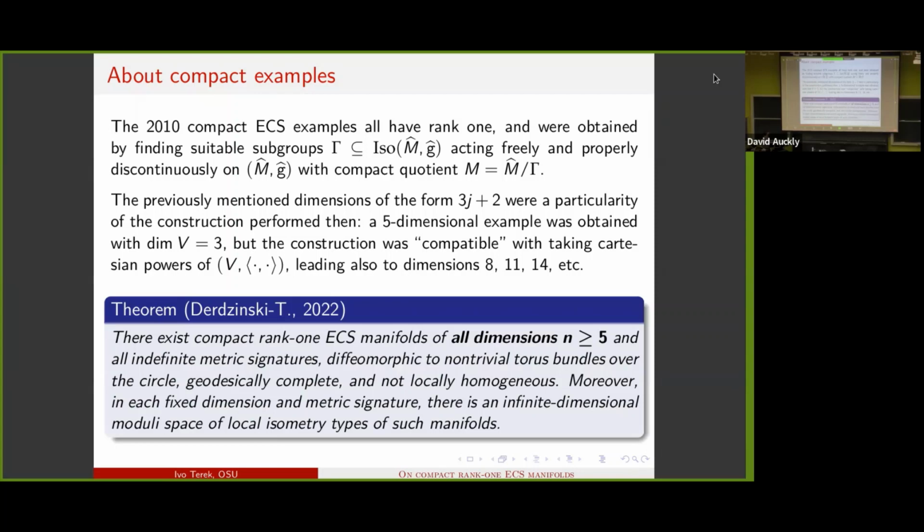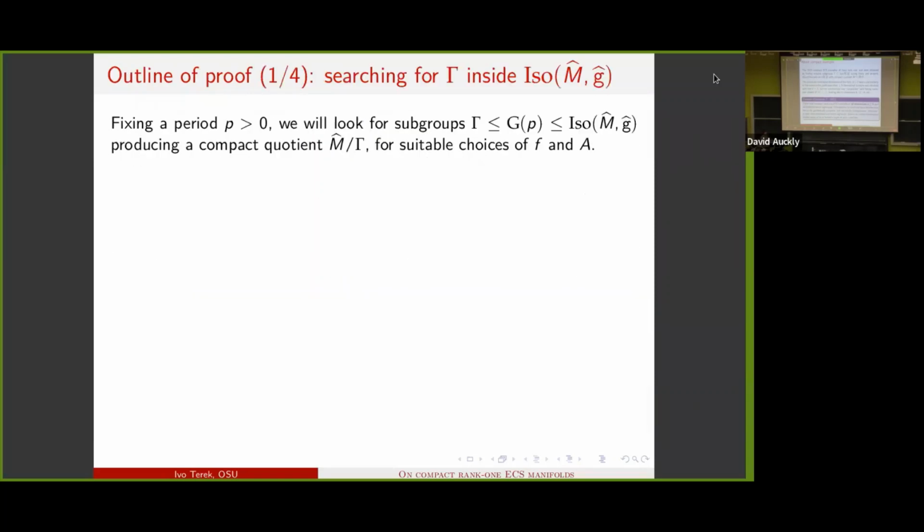And by the construction of those ECS manifolds, they turn out to be diffeomorphic to non-trivial torus bundles over the circle. Okay. Now, the plan for the rest of this talk is to give you the gist of how those manifolds are actually constructed. So we fix a period P, and we will look for subgroups of the full isometry group of that model manifold, that PP wave.